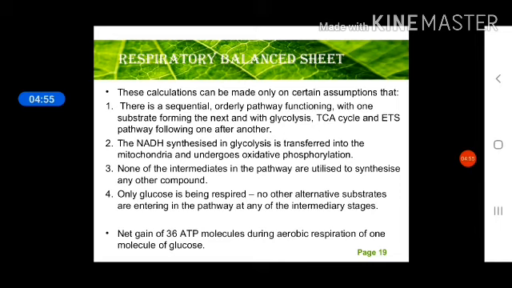So 6 in the Krebs cycle, plus 2 in the link reaction makes 8, and 2 in glycolysis, so a total of 10 NADH2 were produced. You can see here, we have calculated this already. This NADH2 is 10 in number, and 2 FADH2 were also obtained in the Krebs cycle. So you can calculate in this way.